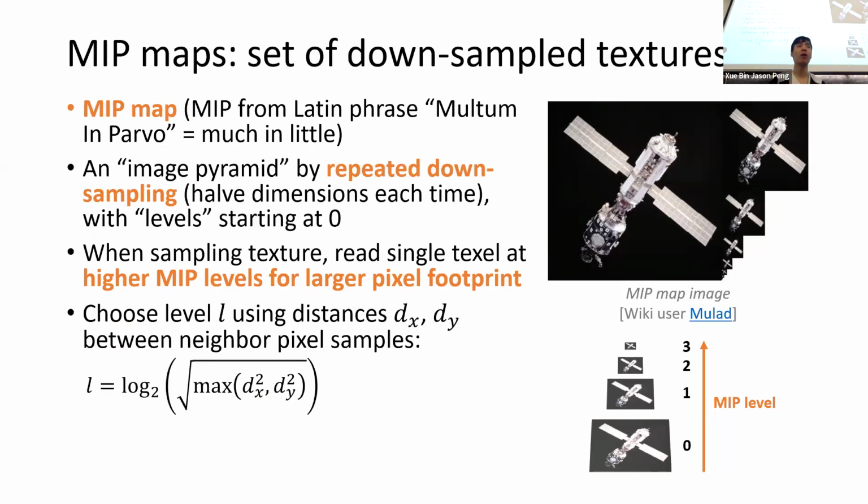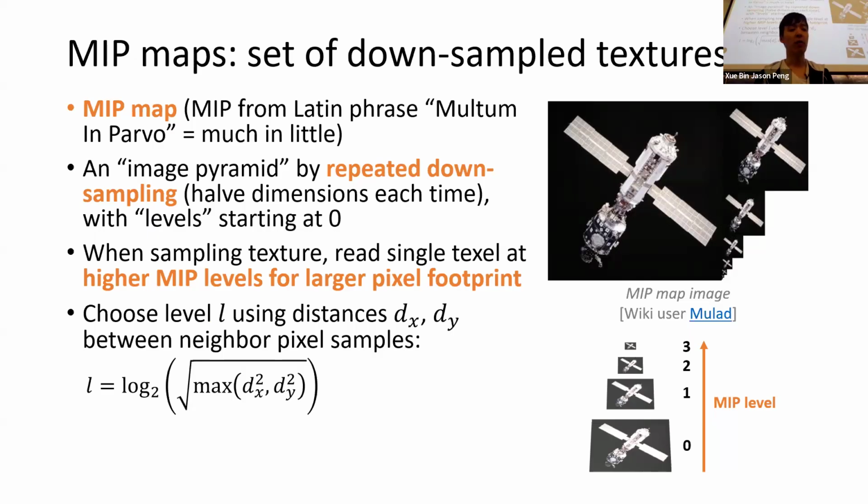So we need some way of figuring out what's the size of a pixel when it's projected onto our texture. So to do this, we can use some heuristics. So here we have a simple equation to determine the level of the mipmap that we should sample from.